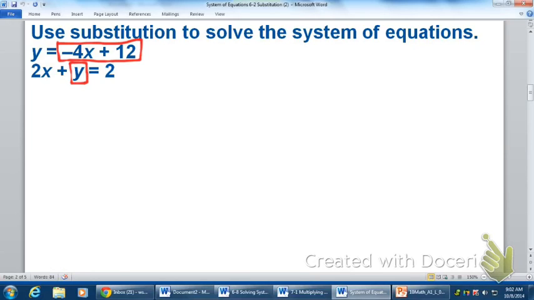You substitute this equation in for y into your second equation. That's the tricky part. The top one is y equals negative 4x plus 12.